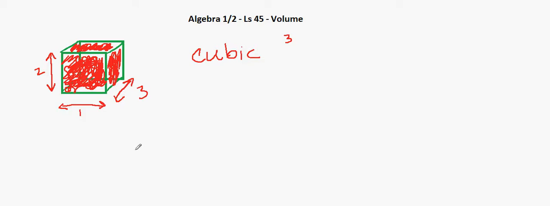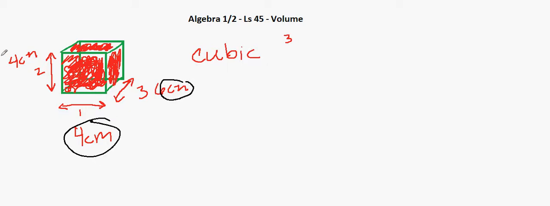So if we knew that this was 4 centimeters by 4 centimeters by, let's say, 6 centimeters deep, okay, these are my measures, then I would multiply 4 times 4 times 6, you follow?